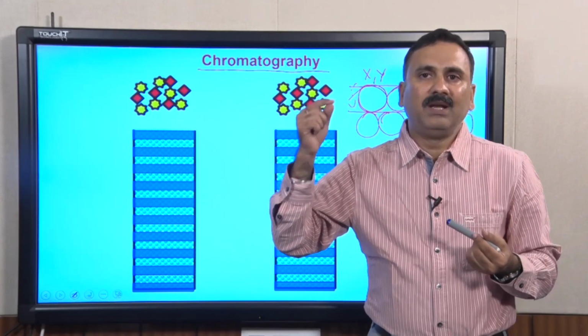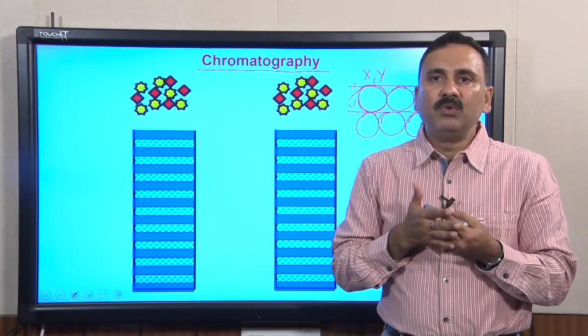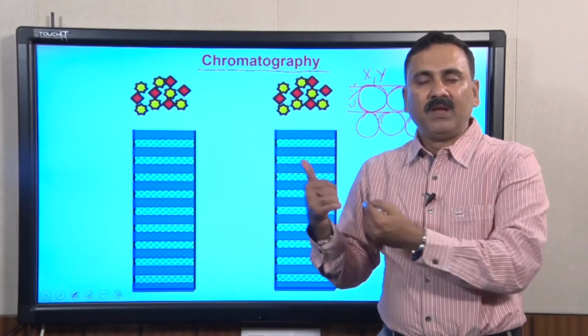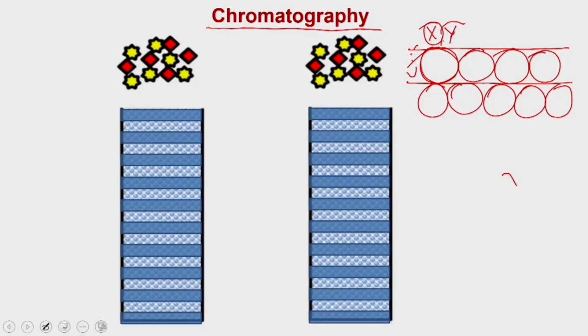As soon as X, Y, Z or any molecule interacts with the beads, which are not alone but also have water, X interacts with the first layer of beads and distributes itself between the aqueous phase and the bead phase. Depending on its distribution, it goes towards the bead phase versus the aqueous phase, and that continues from the first layer. You can imagine the first layer, second layer, third layer, fourth layer, like that.